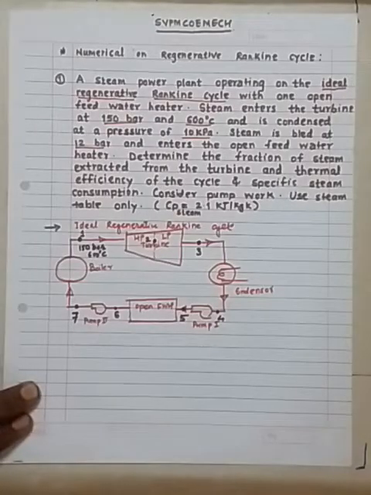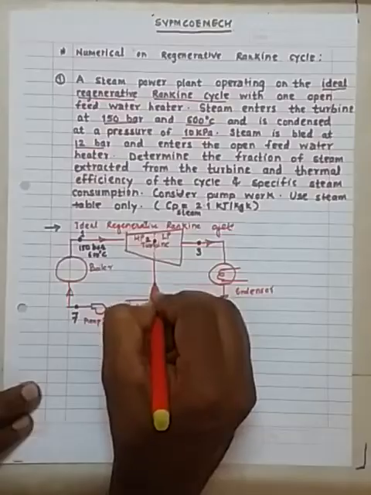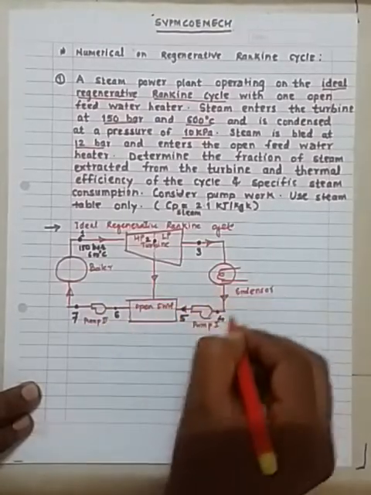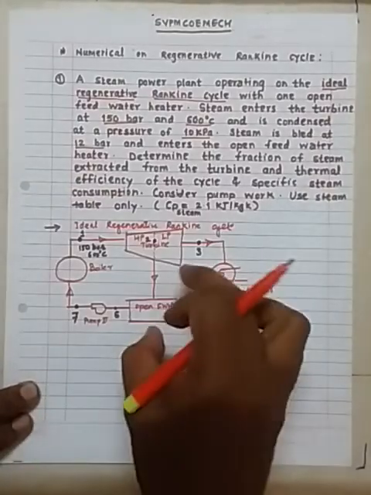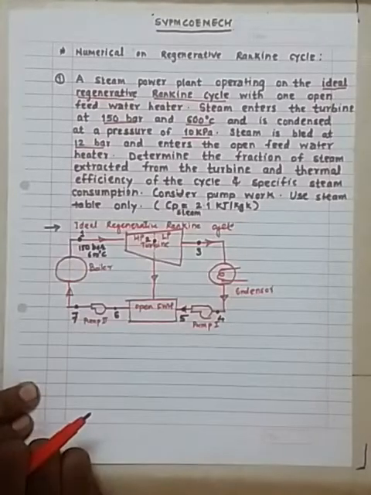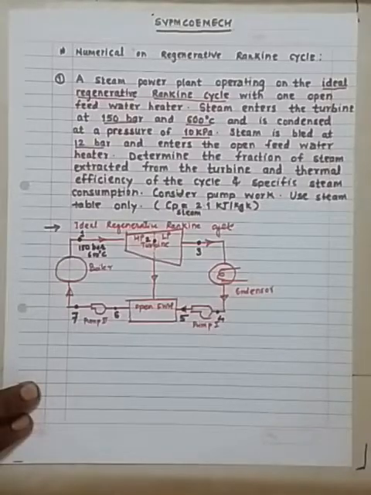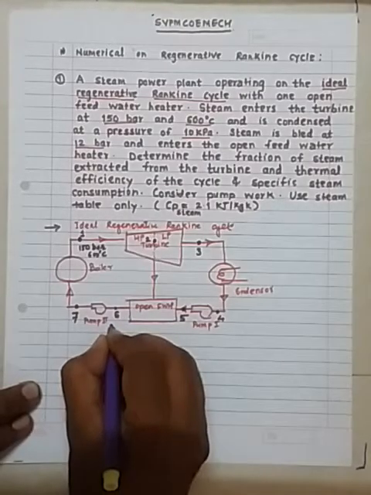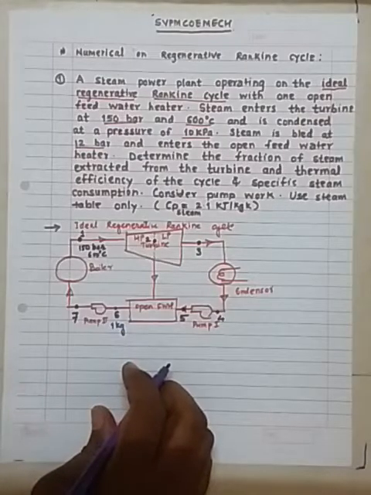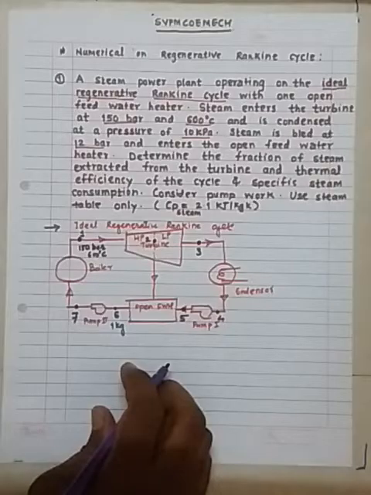Now as we are bleeding the steam, extracting the steam to the open feed water heater, the steam gets mixed with the condensate we are getting from the condenser, and the same mixture we are pumping with the help of this pump to the boiler. The very important thing is that I am considering 1 kg per second of steam continuously flowing through the circuitry.